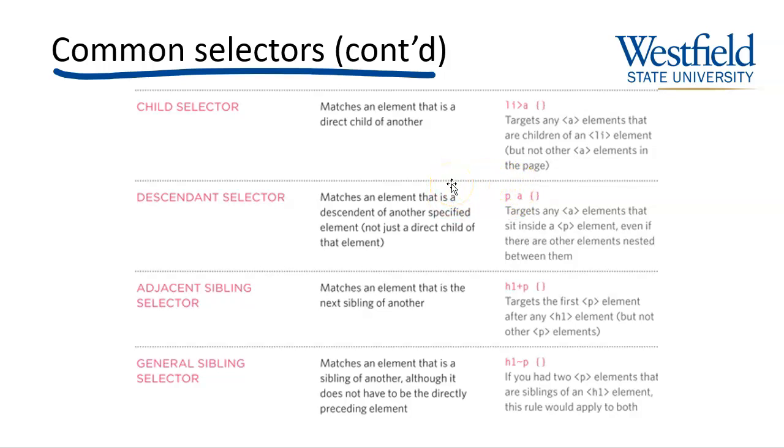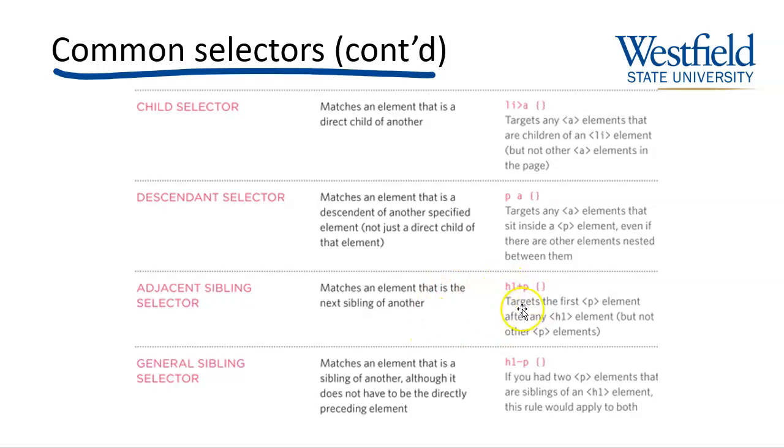And since in a hierarchical DOM tree you have sibling relationship as well, you can select siblings in a selector as well. And the next two are sibling selector. The first one is adjacent sibling, so it's the sibling that's right next to an element. We'll see an example of that in a minute.